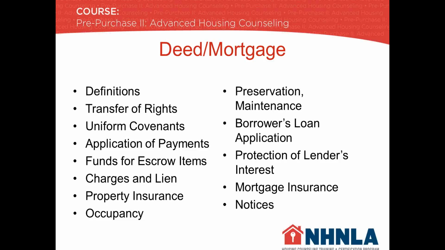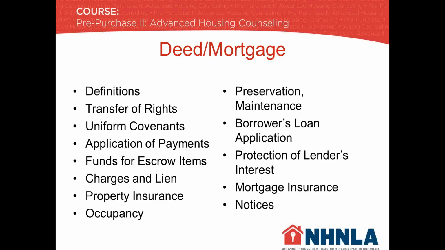Preservation and maintenance documents, this really is that the borrower agrees to maintain the property, and it gives the lender the right to do an inspection if necessary. The lender has the right to call the note due if the borrower lied on their application. So this is covered in the section on the borrower's loan application, basically saying that full, accurate, and truthful information has been provided.